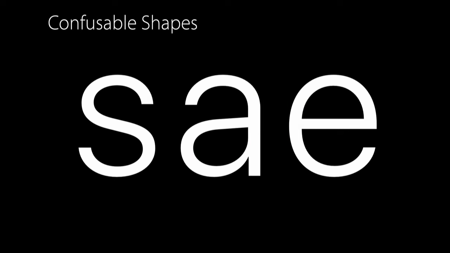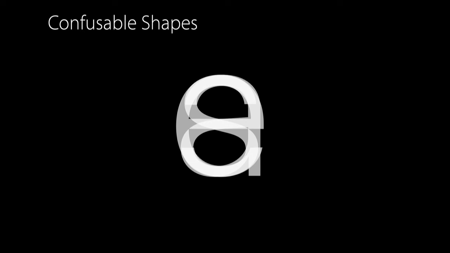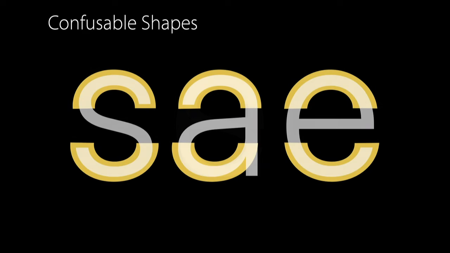Another thing that could be an issue in grotesque typefaces, such as San Francisco, is that these shapes look beautiful when they're really large, but they have similar structures and they can become confusable. So when you superimpose them, you may notice that they all have the same overall morphology, which means they all have these areas at the top and at the bottom that are curvy.